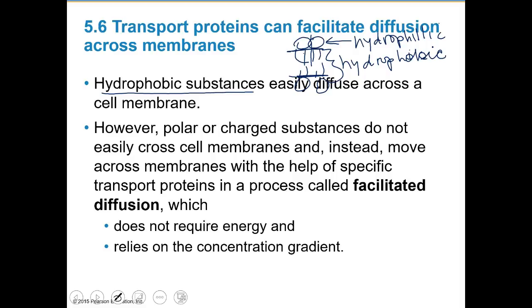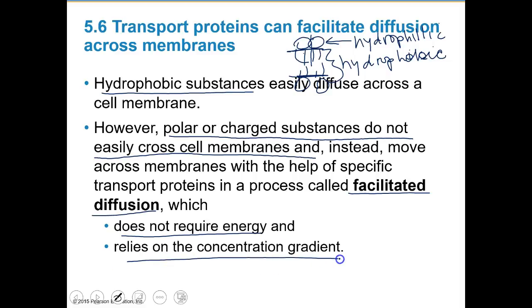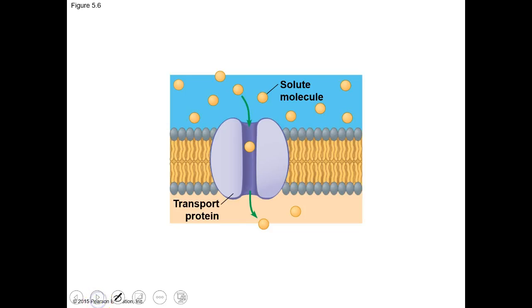All right. So charged or polar substances don't easily move across the membrane. Instead, they rely on specific transport proteins, called facilitated diffusion. Because it's still diffusion, it doesn't require any energy, and it does still rely on the concentration gradient. The only thing is we're going to have an extra facilitator, a protein that will help make sure it can get across, like a little channel.